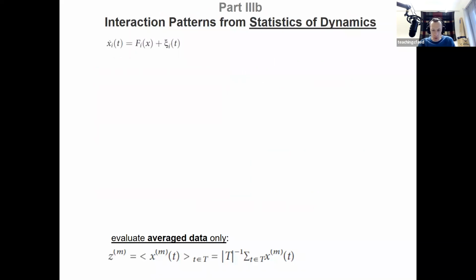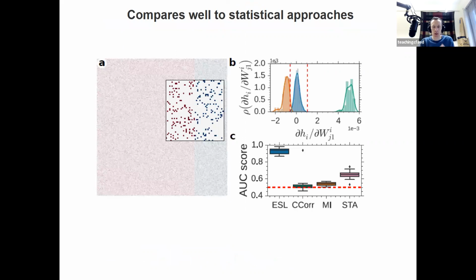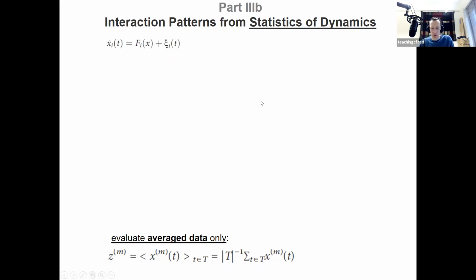I think I would stop here and continue with that one next week. As I said, part 3b is about the statistics of dynamics. Maybe I can tease it a bit.